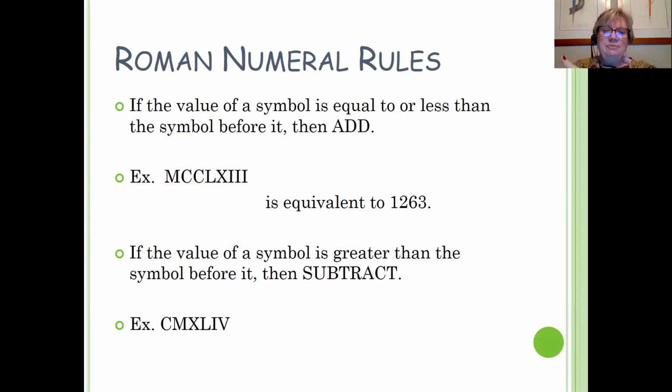If I'm reading left to right, then that must mean I need to subtract. So CM means 900. XL, I went from 10 to 50, so that means subtract. That means 40. IV, I went up, that means subtract. That means 4. So what did I say that was? 944. There you go.